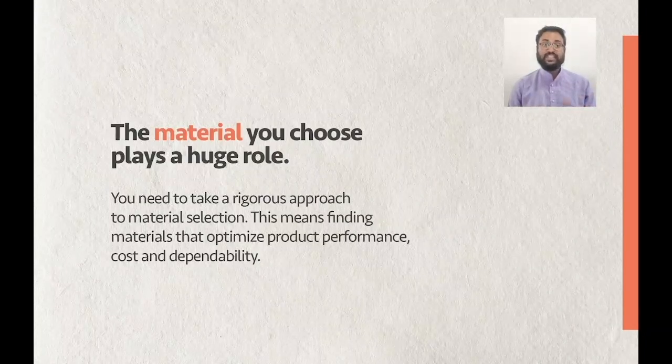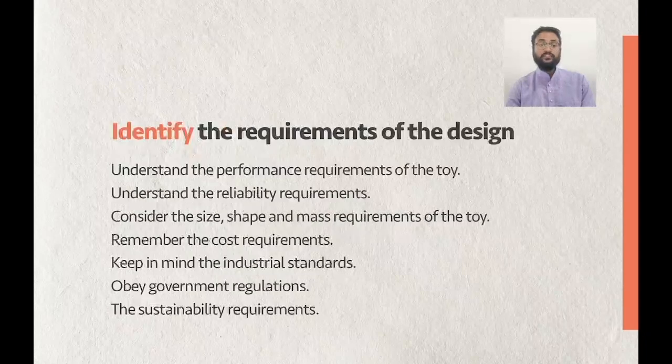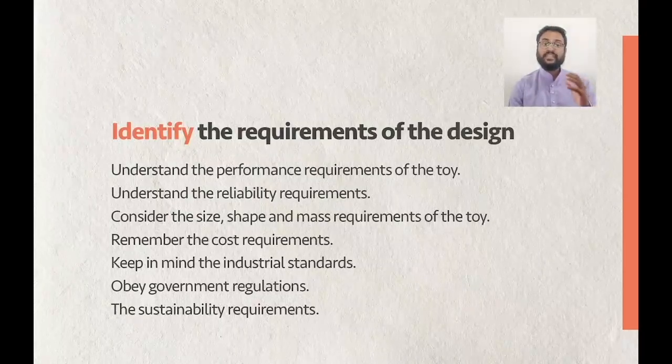Cost estimation is an essential factor to consider before selecting materials. Selecting the right material is very important. You have to identify the requirements of the design. So the first step is to identify the basic requirements of the toy. Thoroughly understand the performance requirements of the toy.